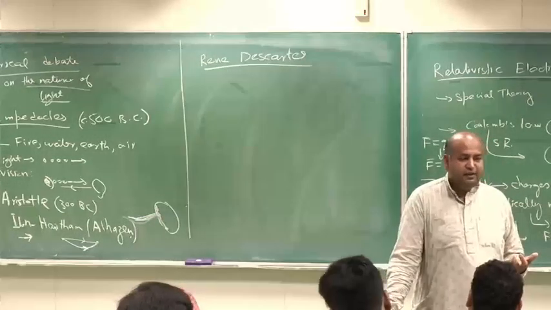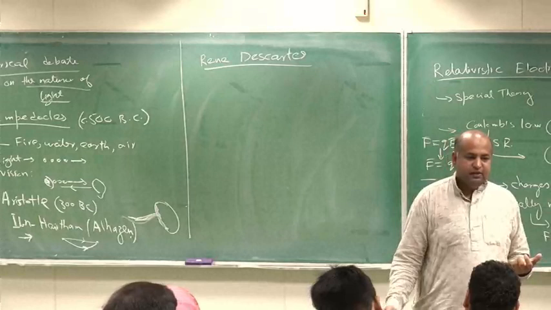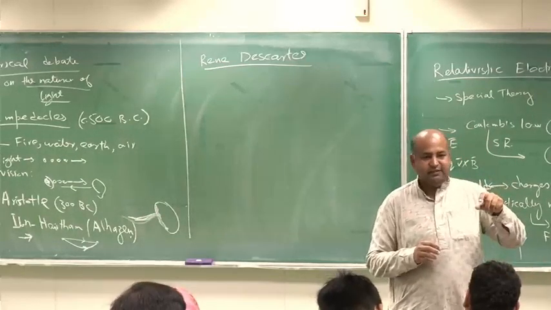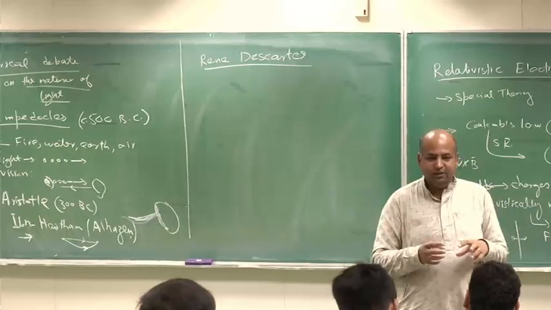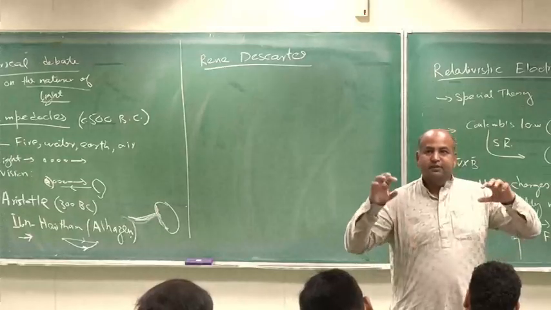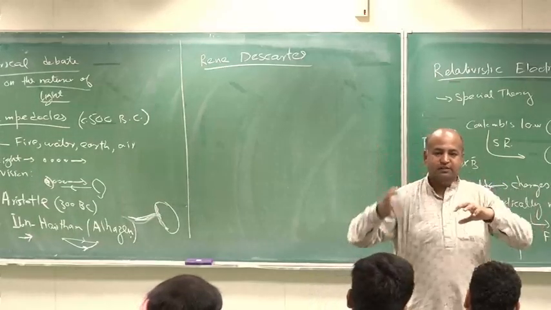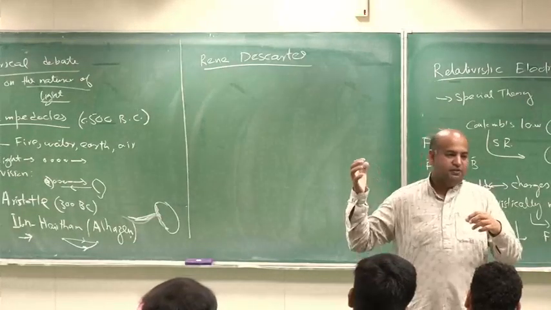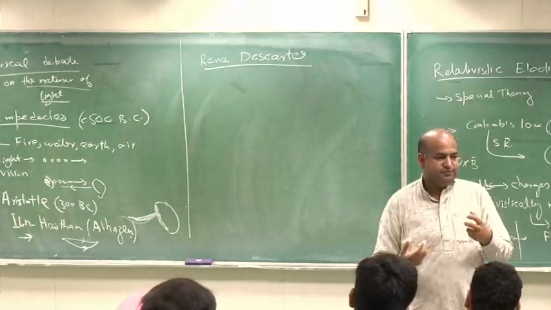Before that, Aristotle and other philosophers tried to mingle everything, mechanics and metaphysics and the creator of the universe, they were all intermingled. That the heavenly bodies all go around Earth, but there is some heavenly force which is taking them around Earth.